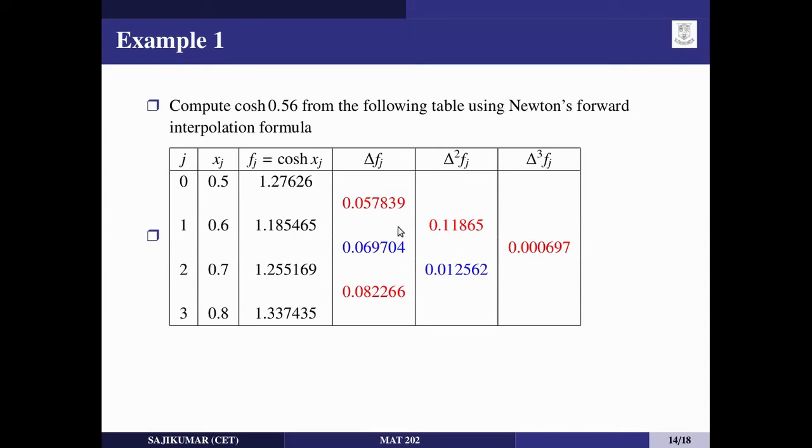Again the second order difference is the first difference of delta fj: 0.069704 minus 0.057839, answer is 0.11865, writing in the middle.